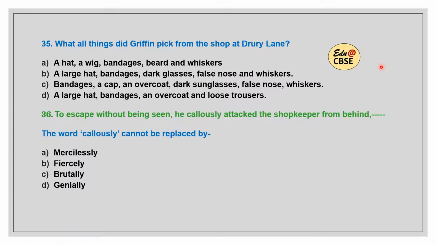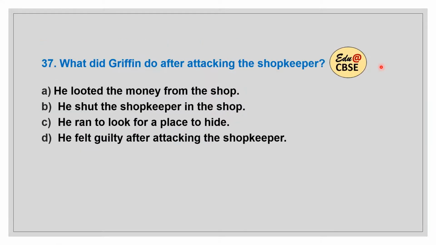To escape without being seen, he carelessly attacked the shopkeeper from behind. So the word carelessly cannot be replaced by. Now next one. What did Griffin do after attacking the shopkeeper? So these were the questions from the first extract.